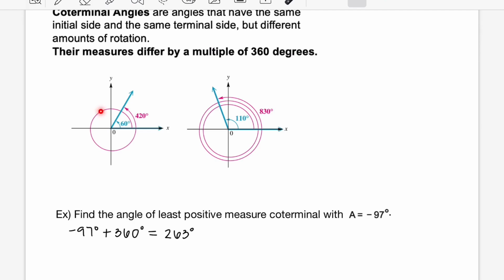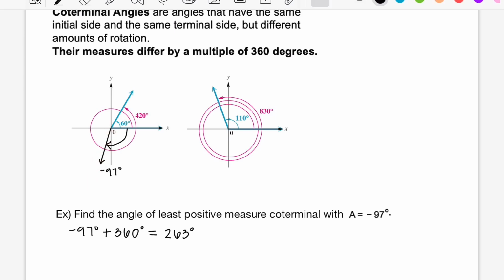And just looking at this figure here, if we have negative 97 degrees, our initial side is going to be somewhere around here, and we're rotating in this direction. Okay? So the angle of least positive measure coterminal with negative 97 degrees is going to have the same initial side and the same terminal side.